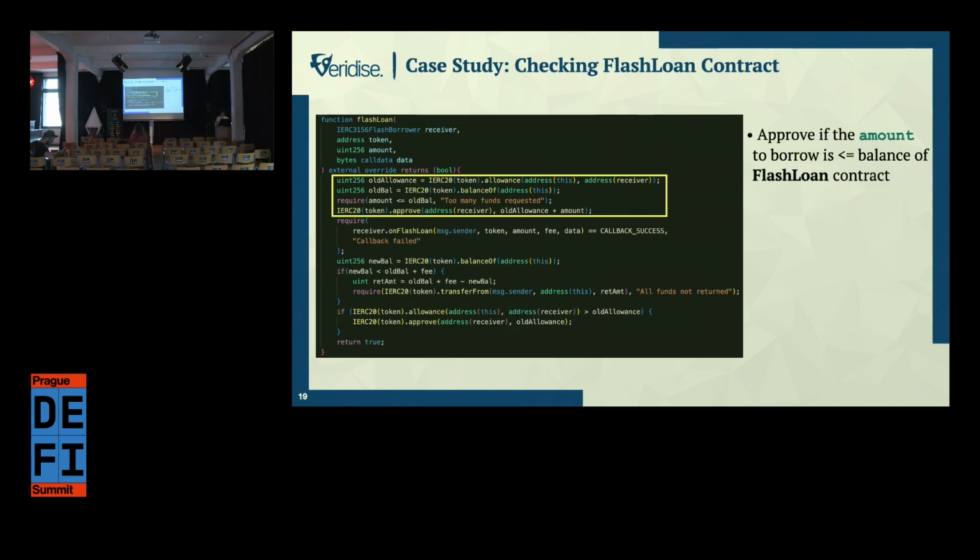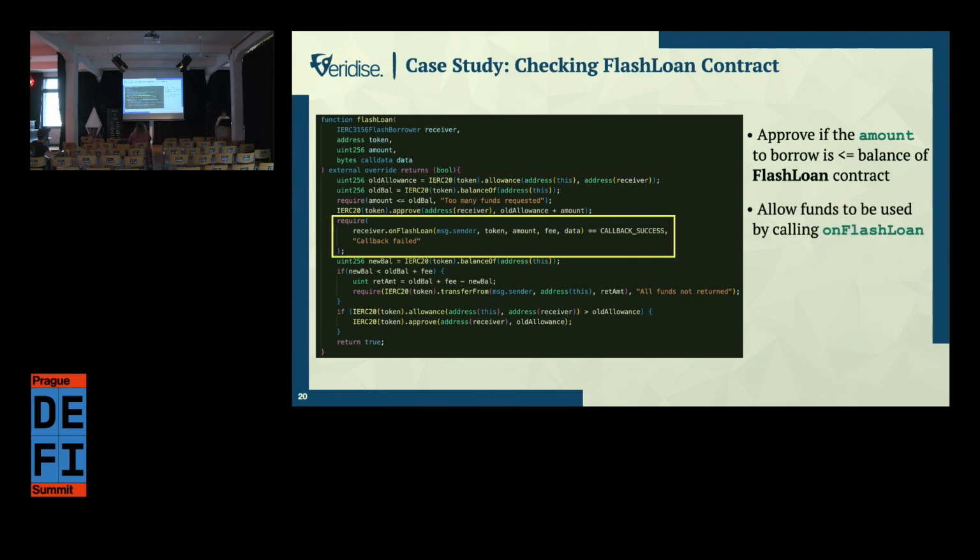In this code snippet, the function checks if the amount to be borrowed is less than the balance of the flash loan contract. If that's the case, then the receiver is approved to use their old allowance plus the requested amount. Next, this method invokes the onFlashLoan method, which allows the receiver to use the funds.